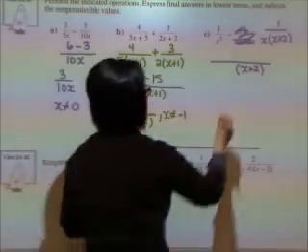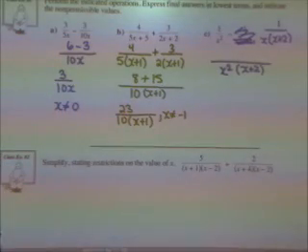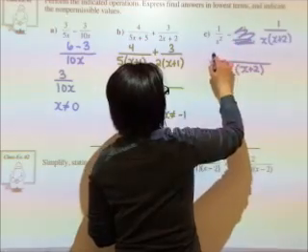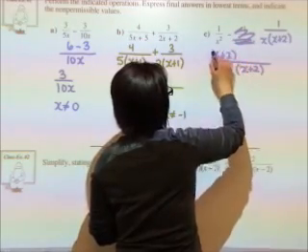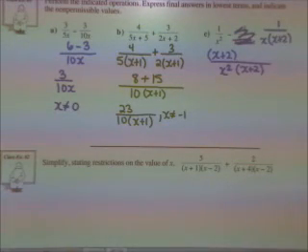x squared. So what do I have to multiply the first expression by? X plus 2. And if I multiply x plus 2 by 1, I simply get x plus 2. What would I have to multiply the second expression by?